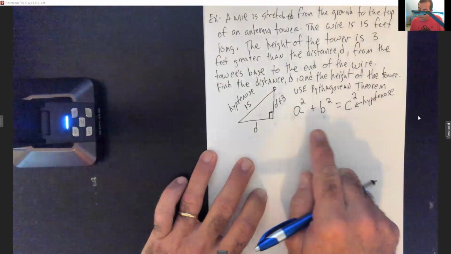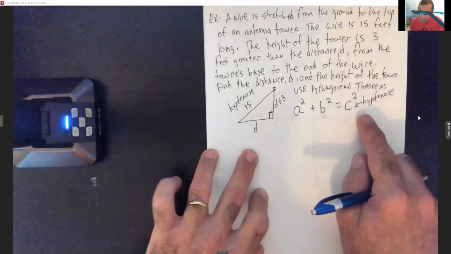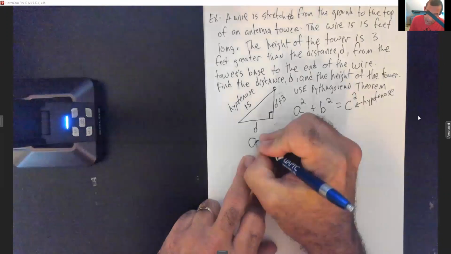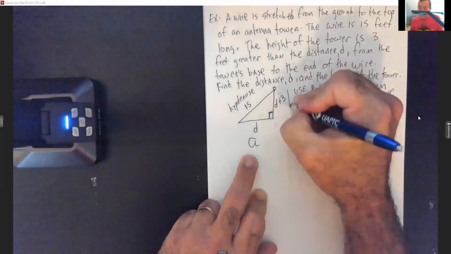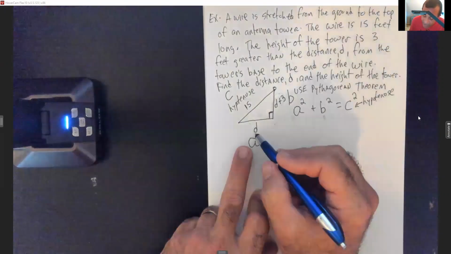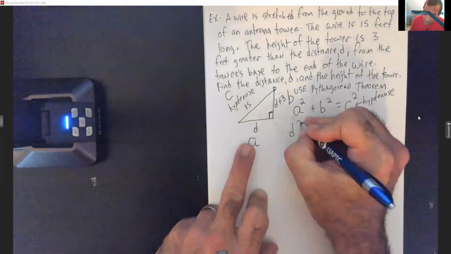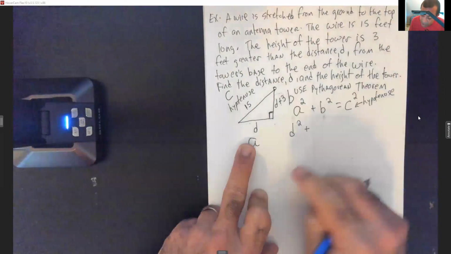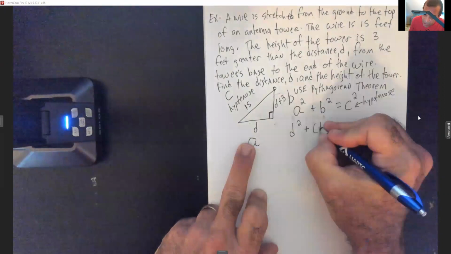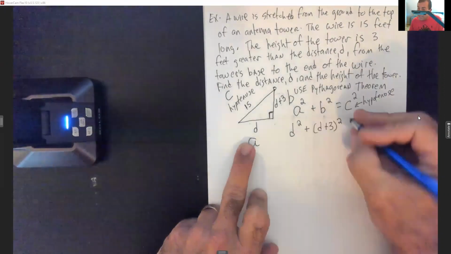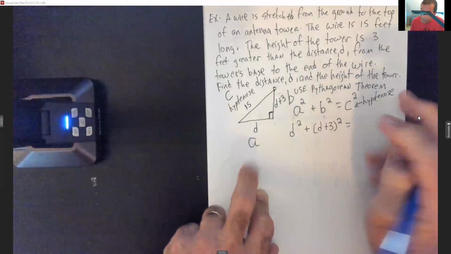So what we got to do is figure out what we got here. Well, I'm going to call this A, this B, and this will be my C. So A squared, which is d, will be d squared, plus my B squared, which is d plus 3 squared, all has to equal my C squared, which is 15.